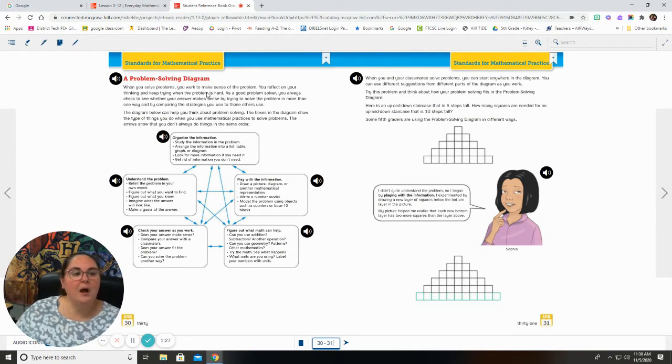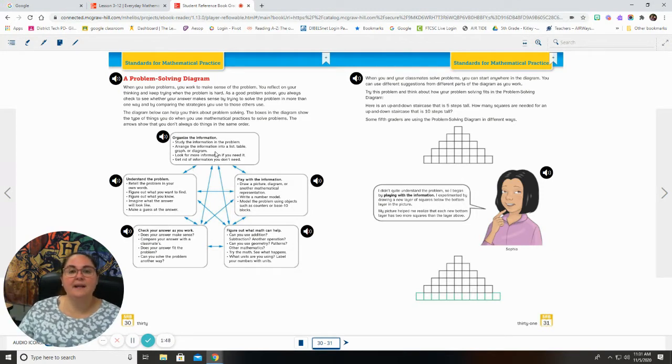Problem solving diagram. So this gives us ideas on how to solve different problems. So if we need help organizing the problem, maybe we need to study the information. Maybe we can make a list, table, graph, diagram. Figure out what you need and what you don't need.